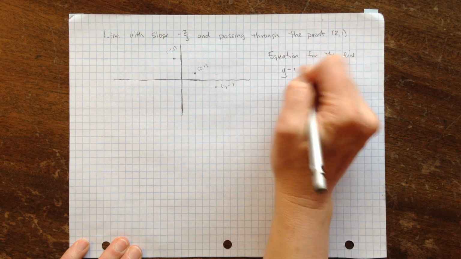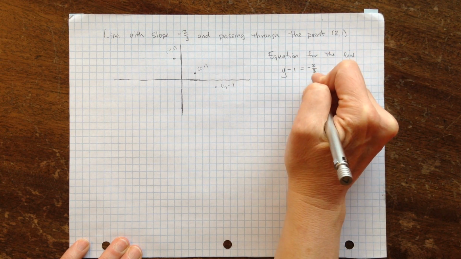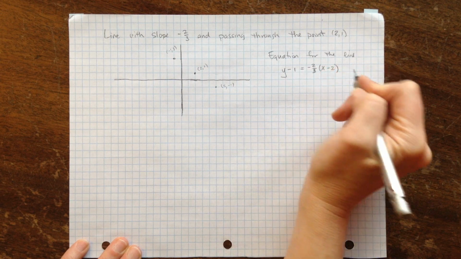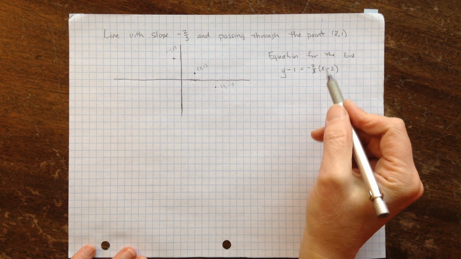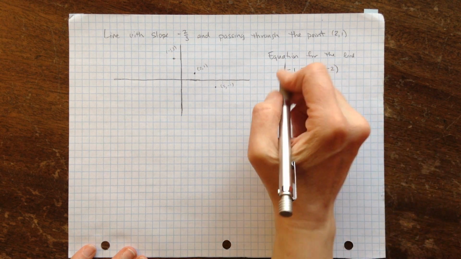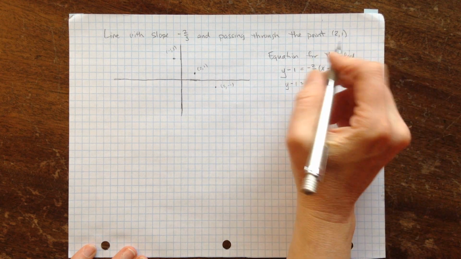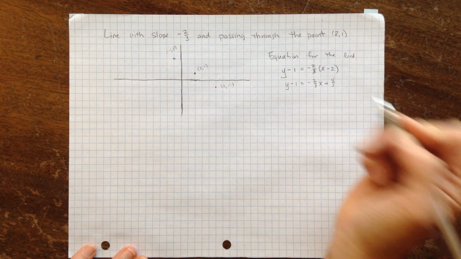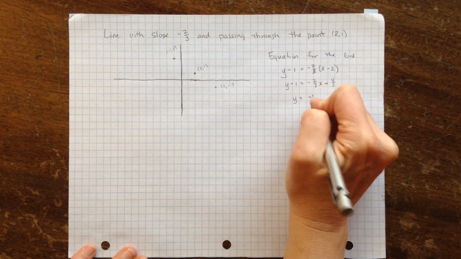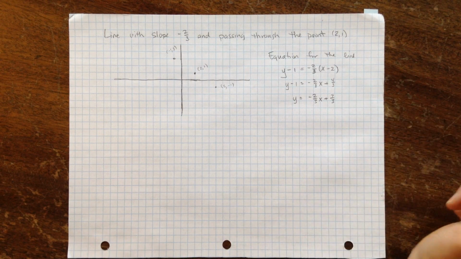So we could do y minus 1, using this point, equals the slope, -2/3, times x minus 2. So there's an equation for that line. And if you write this in slope-intercept form, so just solve this for y, I'm going to first distribute that slope, -2/3 x plus 4/3, and then add that 1 to both sides. You get -2/3 x plus 7/3.